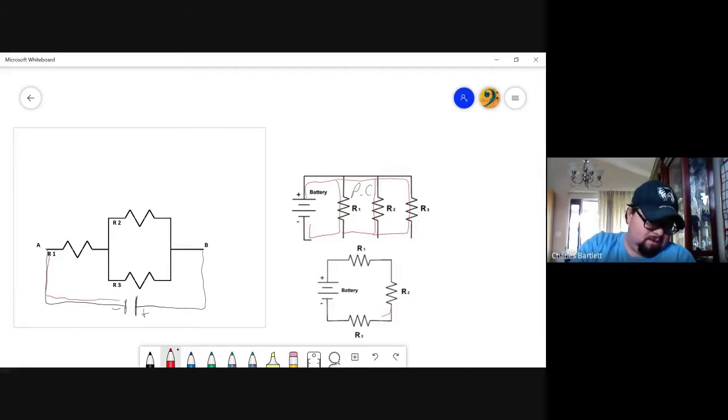It goes around, through this one resistor, and then it splits and has two different directions it can go, and then back around and over. That's how you know it's a combination circuit, because it has both a series element where the electrons are forced to flow through it, and then a parallel element where they can split and divide based on whatever the resistance value is.